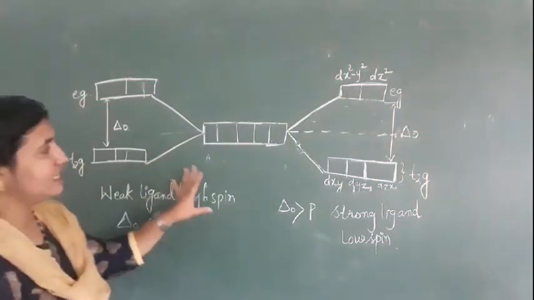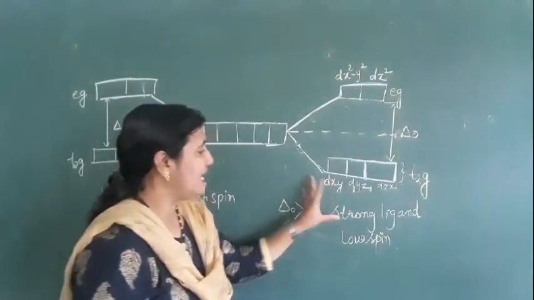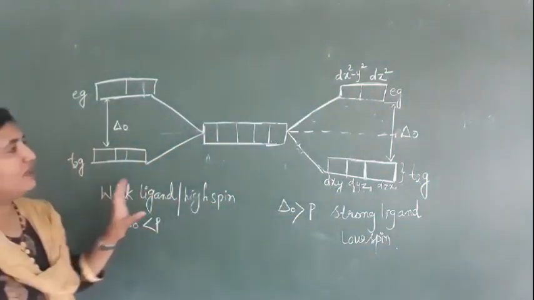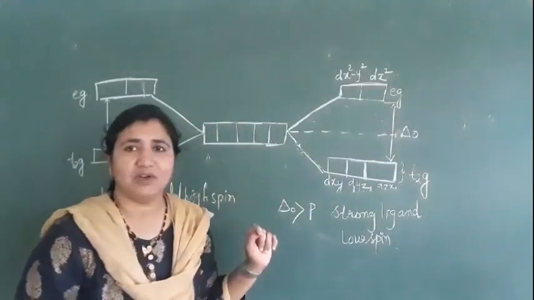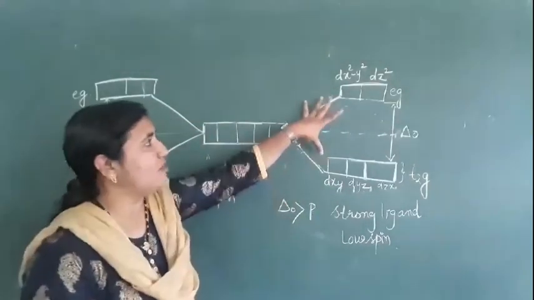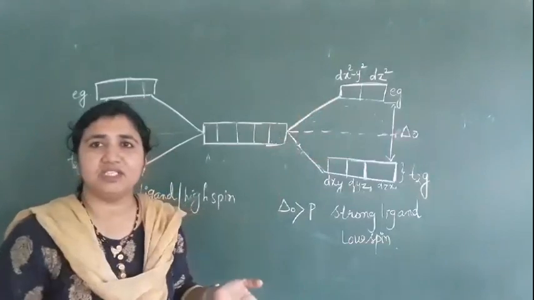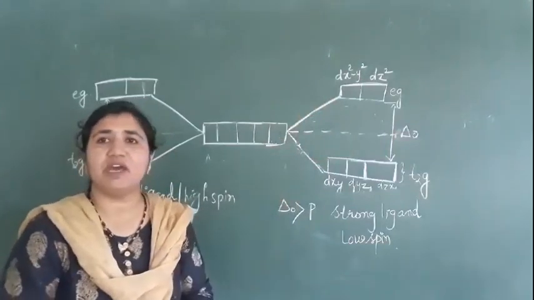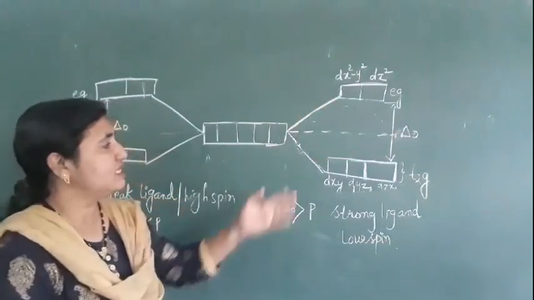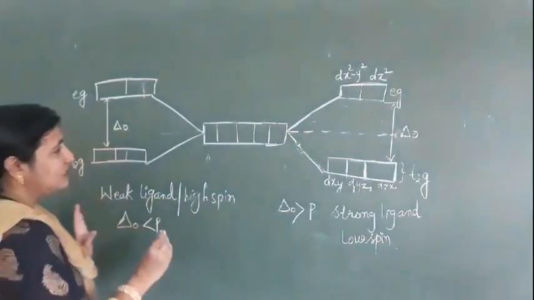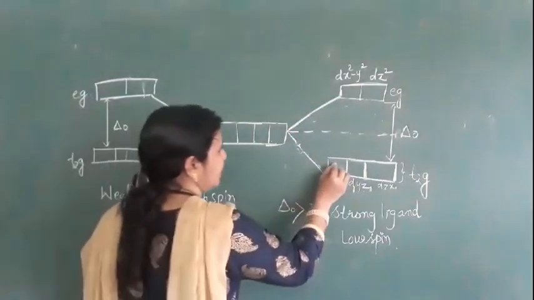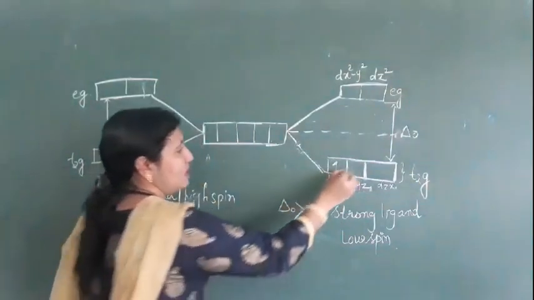Now, in strong field ligand and weak field ligand, when we are filling the electrons, 5 orbitals are there but they have different energies. In such cases, how are we going to fill the electrons in these orbitals? The first 3 electrons, there is no problem: 1, 2, 3.